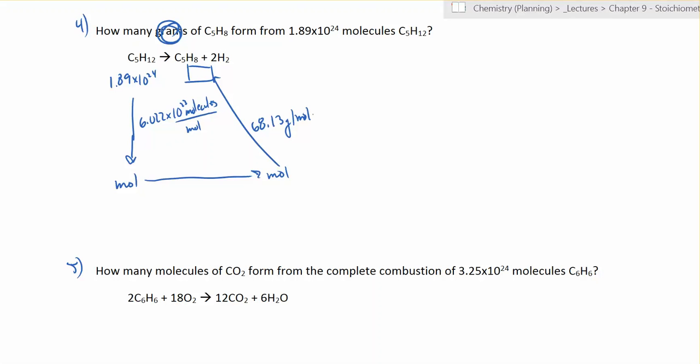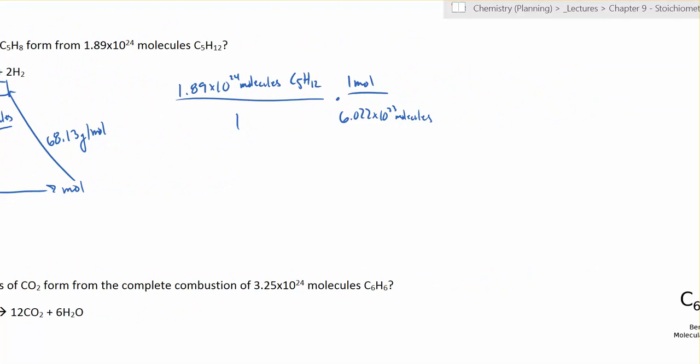To give you an idea of what that would look like mathematically, let's write out the fractions. We start with 1.89 times 10 to the 24 molecules of C5H12. We can multiply that by 1 mole over 6.022 times 10 to the 23rd molecules. Specifically, that's 1 mole of C5H12.